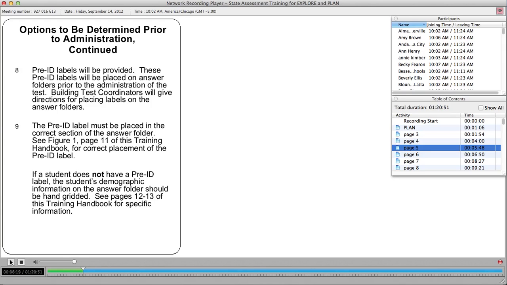We still have a month until testing. But the pre-ID labels, if you do have them for students, should be placed on the answer folder prior to the actual test. The students will not place their pre-ID labels on the answer folders. And as we go on through this presentation, I think it will make more sense to you. We'll have a demonstration of what the pre-ID label is going to be like.